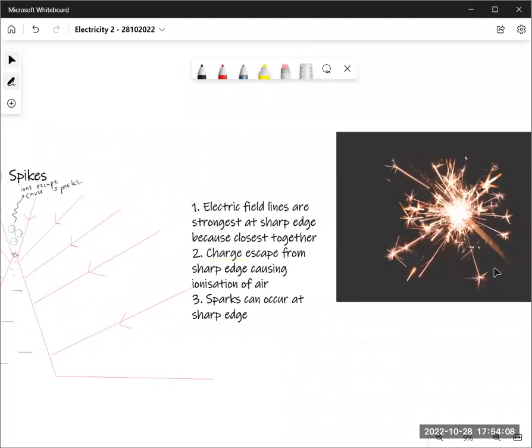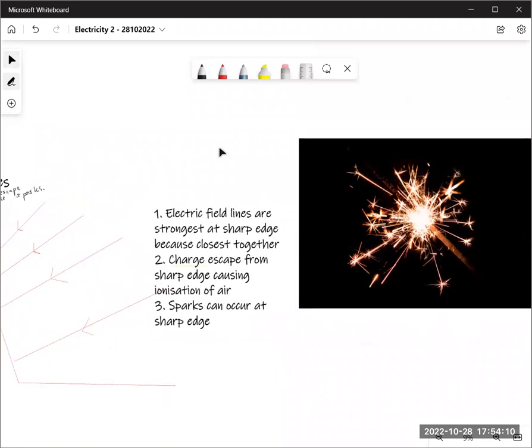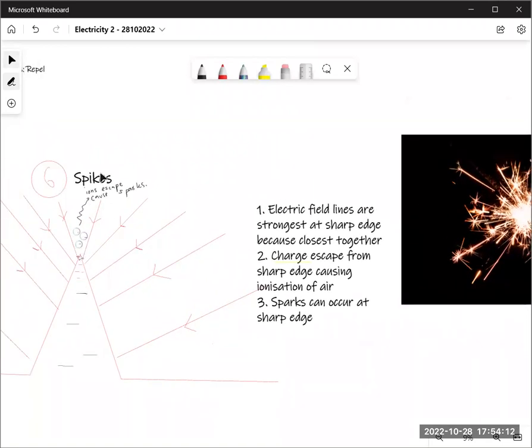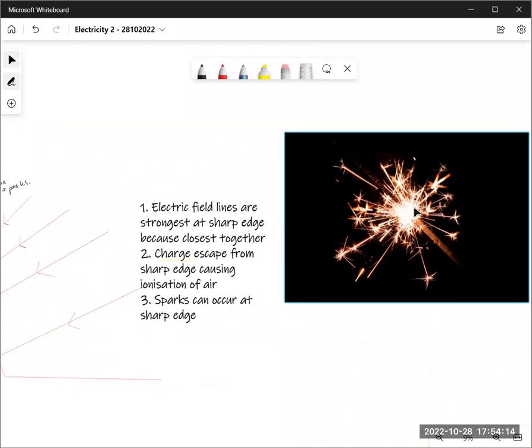If you see this right here, that is what we see at this sharp edge. We see the spark. That is what happens. Spark can occur at the sharp edge because the air itself becomes ions.